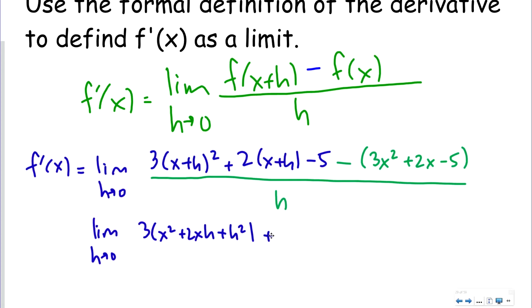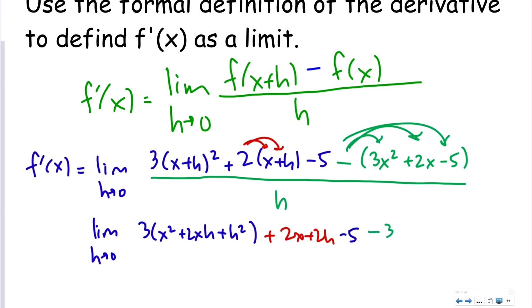Plus, and I'm going to distribute this part right here, 2 times (x plus h), I also have a minus 5, and then I'm also going to distribute this negative right here, so this becomes negative 3x squared minus 2x plus 5, all over h.